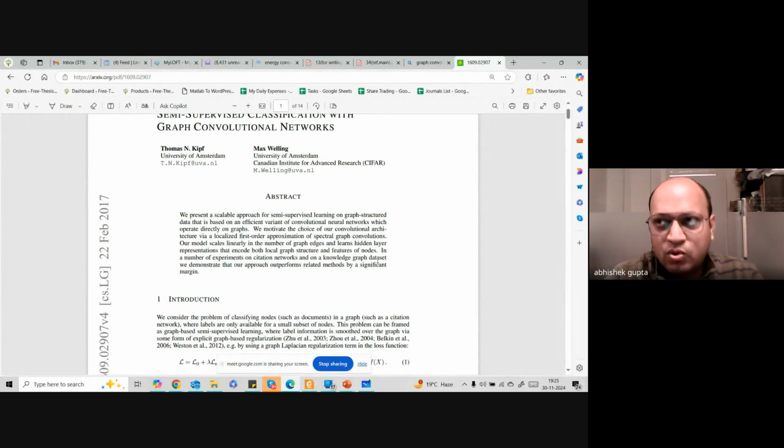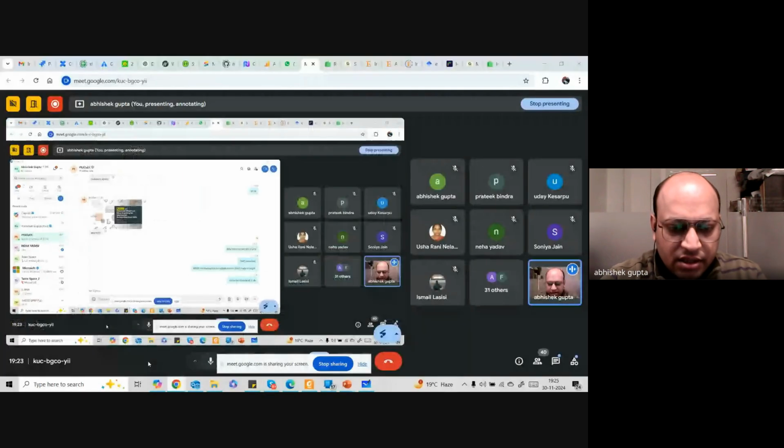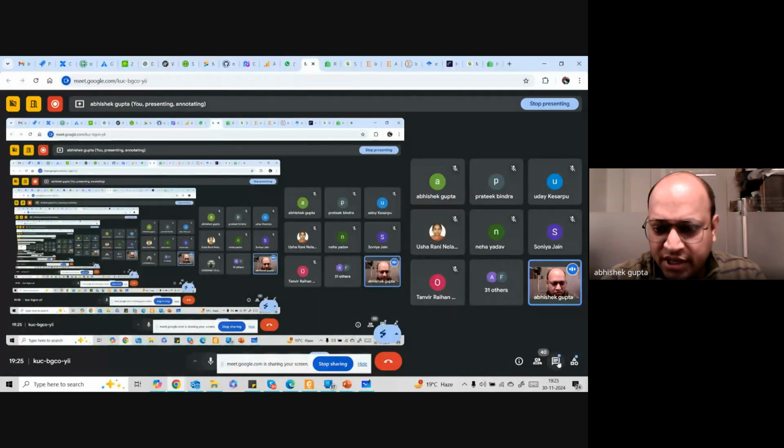How to do convolution is a part of basic mathematics. There are various approaches to calculate the convolution between two numbers, and first order approximation is the simplest way to calculate the convolution for a larger number of nodes. I am sharing the paper link in the chat also.